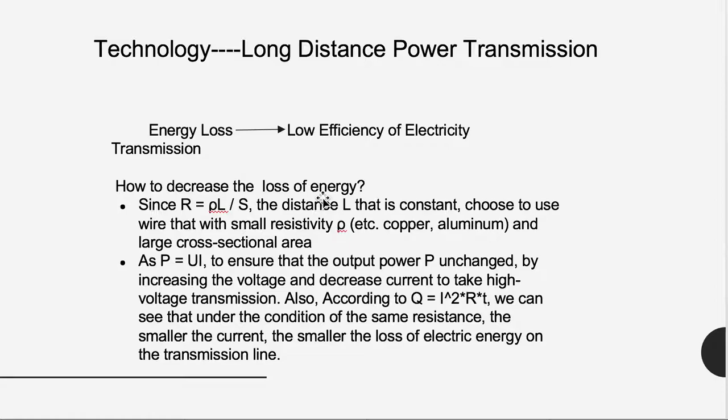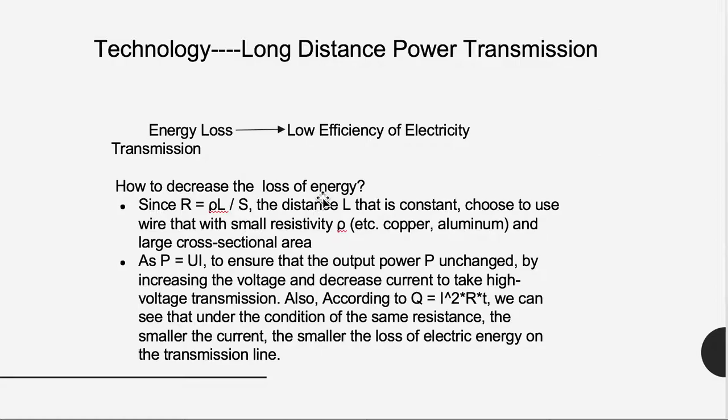The Three Gorges project is located in the upper reaches of the Yangtze River, so it is necessary to use long-distance transmission of power. The energy loss is mainly in the transmission line, due to the thermal effect of current. So how do we decrease the loss of energy?